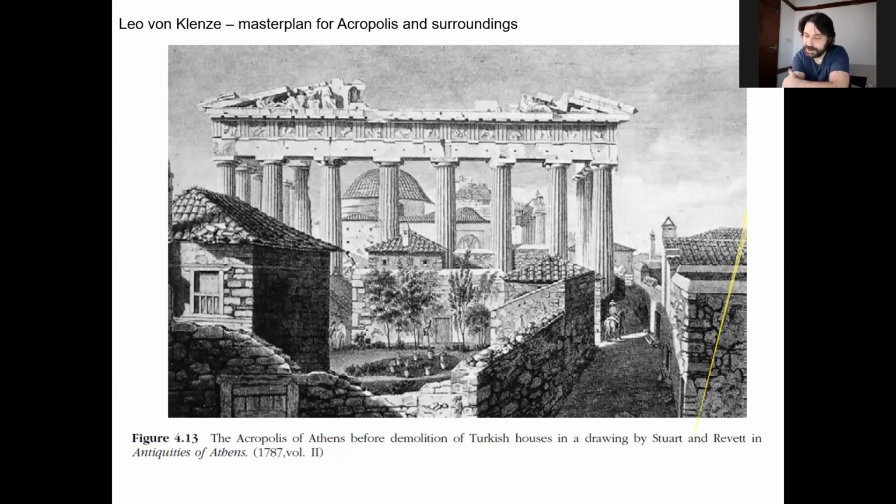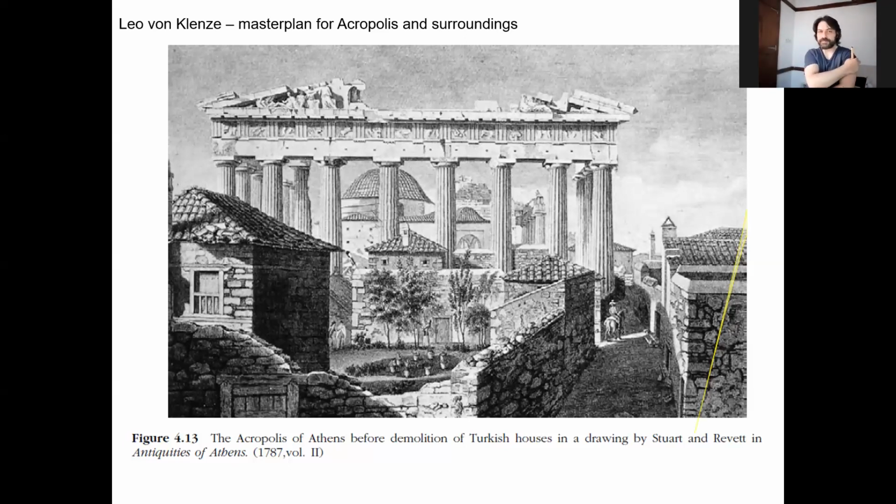And in this operation, the picturesque setting of the ruins and the original composition of the Acropolis was very important. They intended to see the Acropolis in a picturesque setting, but as it was in its original composition.